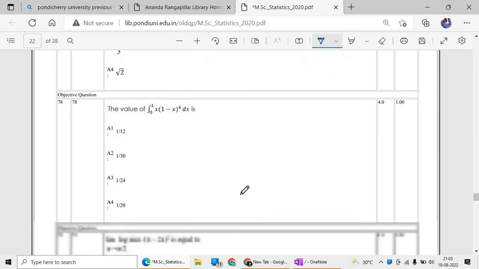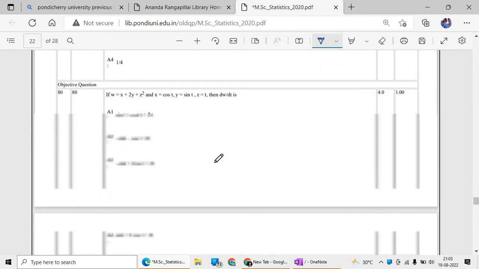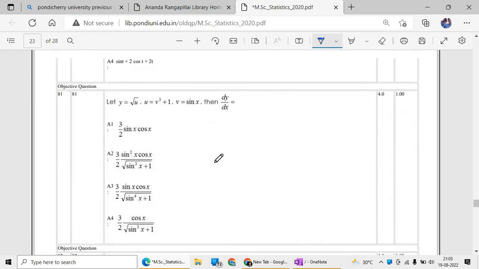Okay, once cross check this mathematical part. So again x into 1 minus x whole power 4 is there. Here you can directly do by (a minus b) whole power 4 expansion, or you can assume this one as t and do it by substitution. Again this is the mathematical part. So I think now that was the total of mathematics questions.